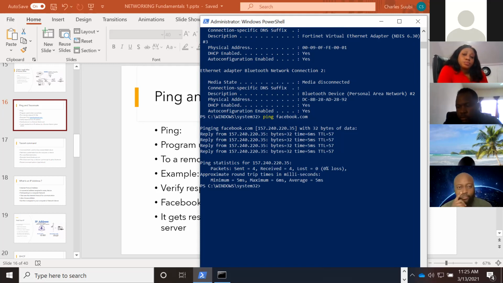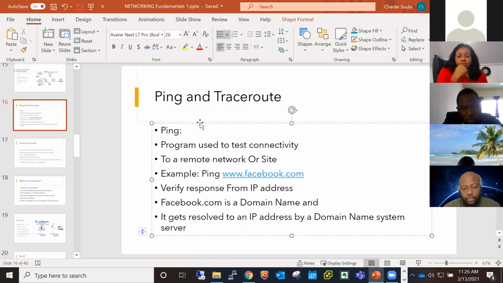So there's a message protocol that your server uses when it's pinging. In that message protocol, it sends out packets to the other server. When the other server receives those packets, it replies, hey, guess what? I received these packets. So it sent 4 and then received 4. So when you ping, you're using the ICMP protocol. Let me put it in here.